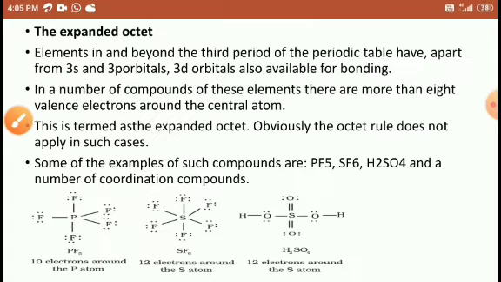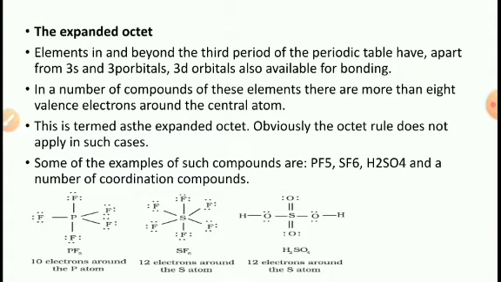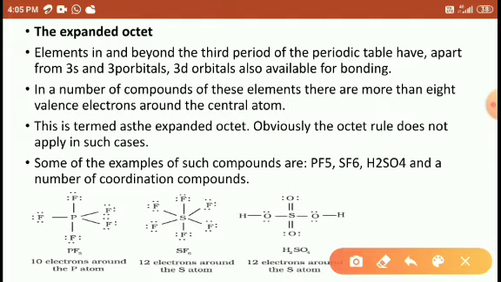Right, students. Now the next one, the expanded octet. Some species develop more than 8 electrons in the outermost shell. For example, phosphorus pentafluoride. The phosphorus has 5 outermost valence electrons.